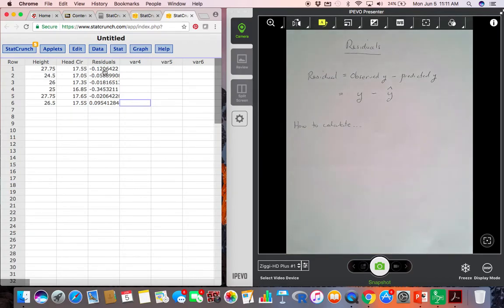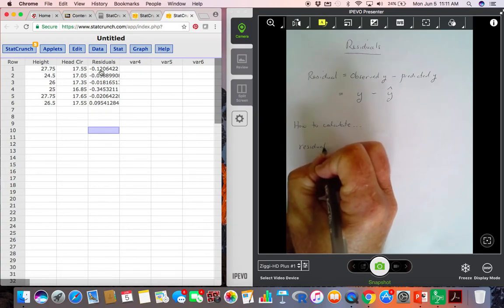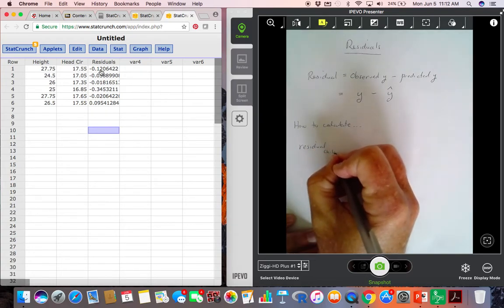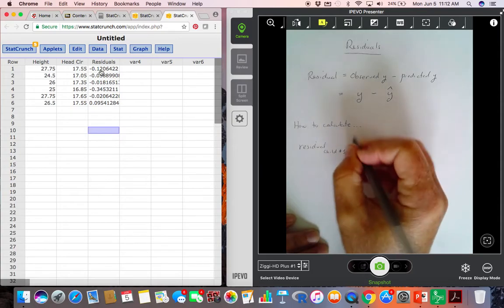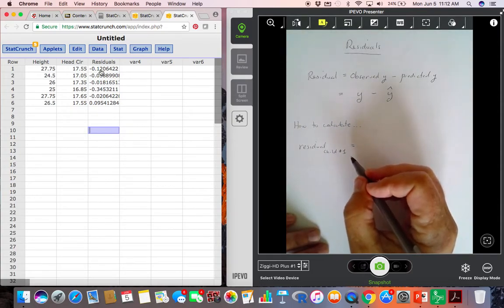For example, the first child over here we can see has a residual of negative 0.12. So the way they got that, and I'm using the newer model without the kid that seemed to highly affect the model.